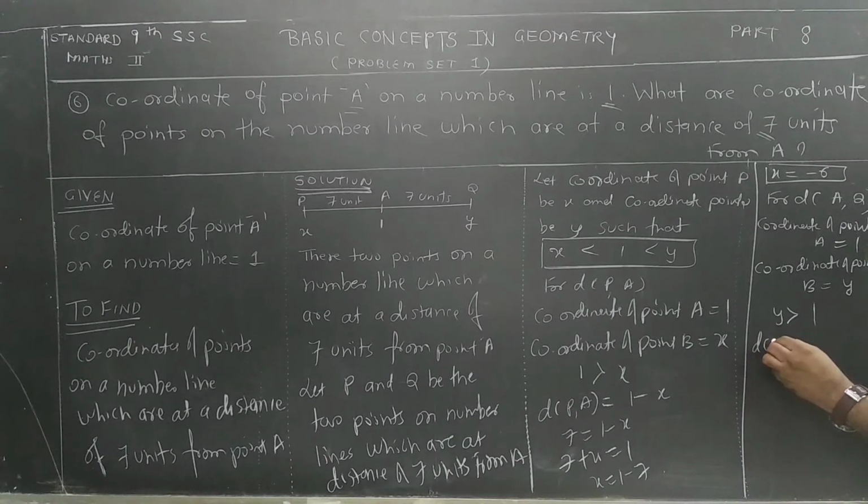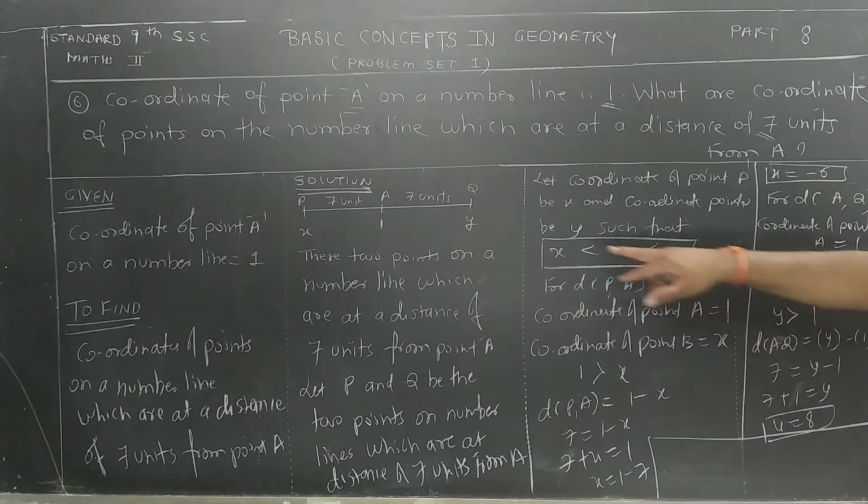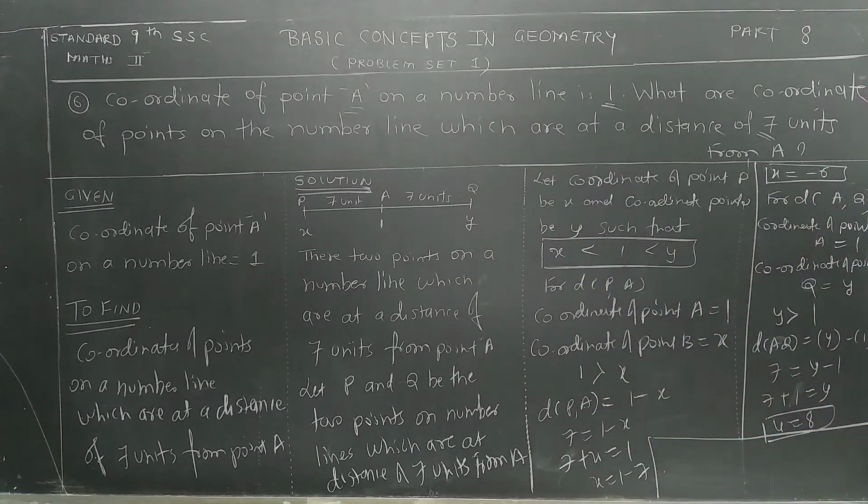So distance AQ is equal to, sorry, it is Q. Distance AQ is equal to Y minus 1. This is 7 is equal to Y minus 1. 7 plus 1 is equal to Y, and we got Y is equal to 8. So, final answer we can write over here. Got it now? So, this is the coordinate of point Q, that is Y. Is it right?